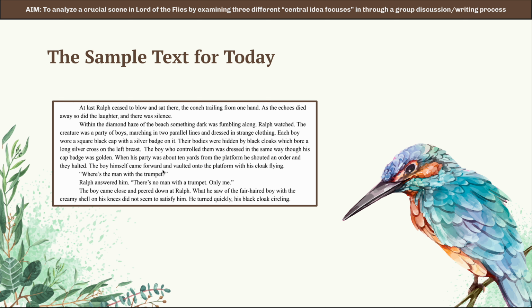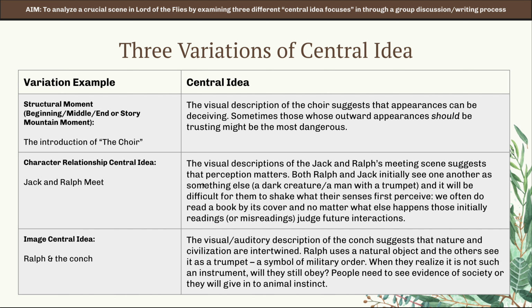He's the other main boy in this group. And we have this moment at the end of the scene where the two of them meet for the first time. And then on the smallest level, we have Ralph blowing the conch and Jack thinking it's a trumpet. So that symbol, that image of the shell being used as a trumpet is something I want to get an idea from. So look at what I do.